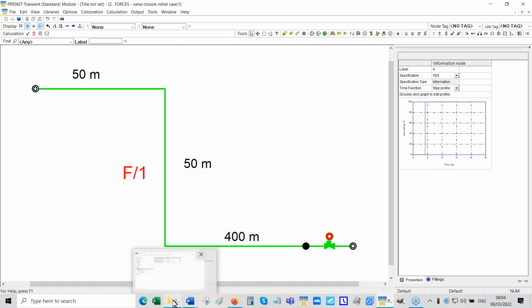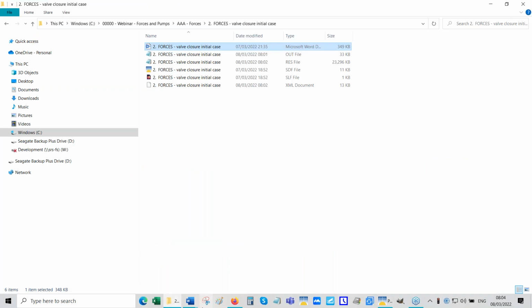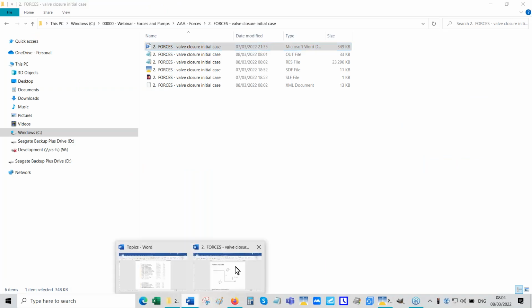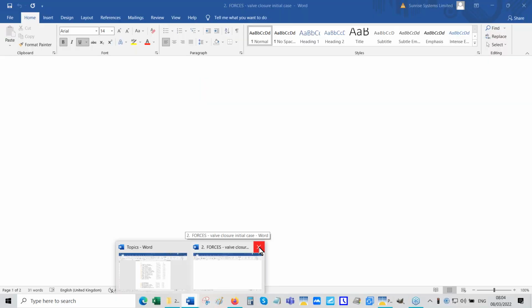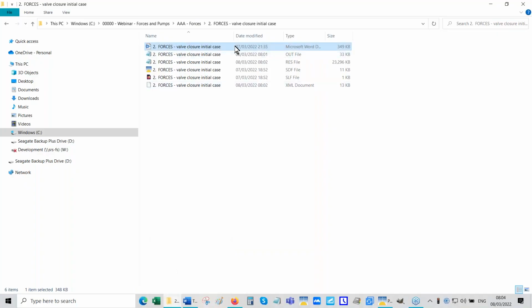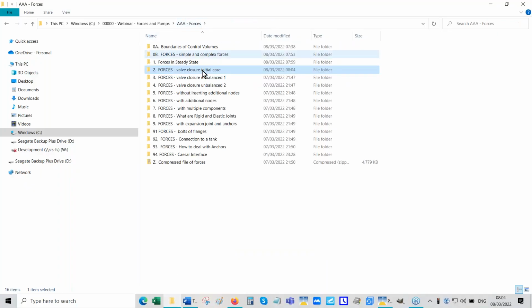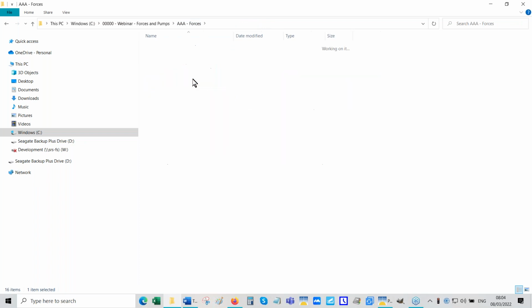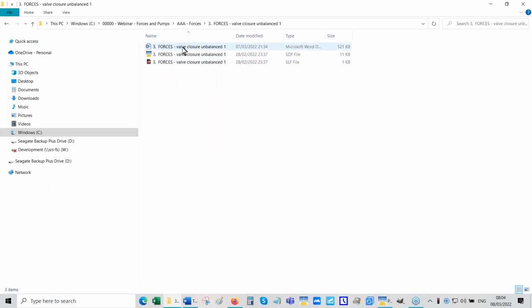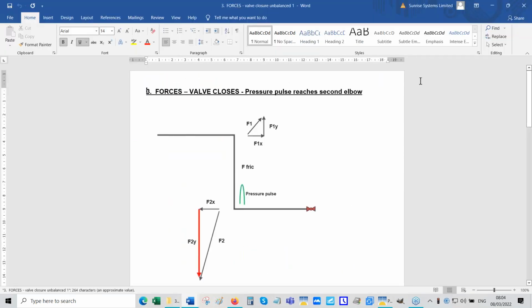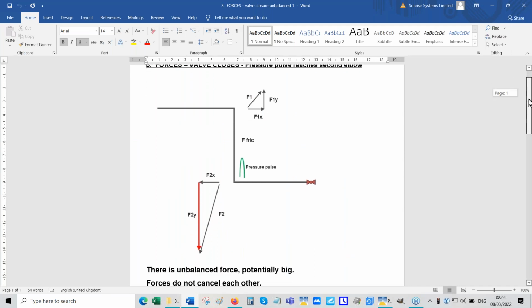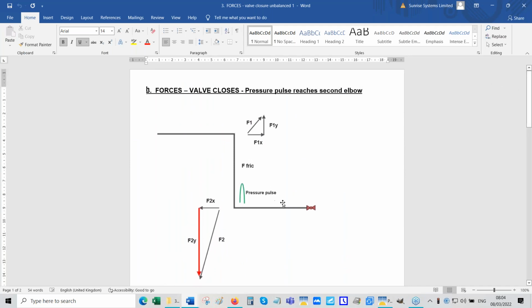Now where things start getting more interesting. Let's close this. Valve closure unbalanced. See now, the pressure wave travels back at the wave speed.